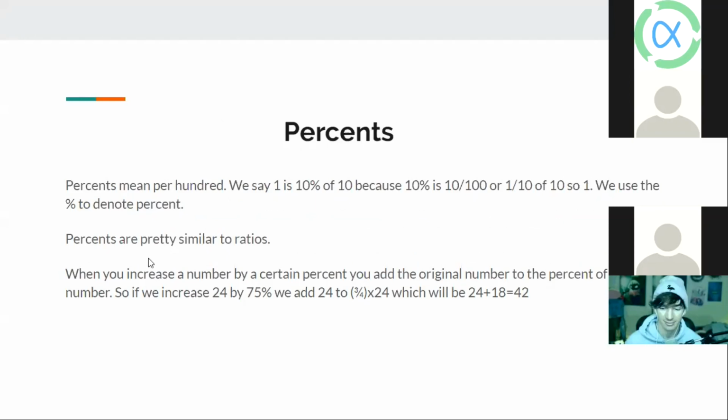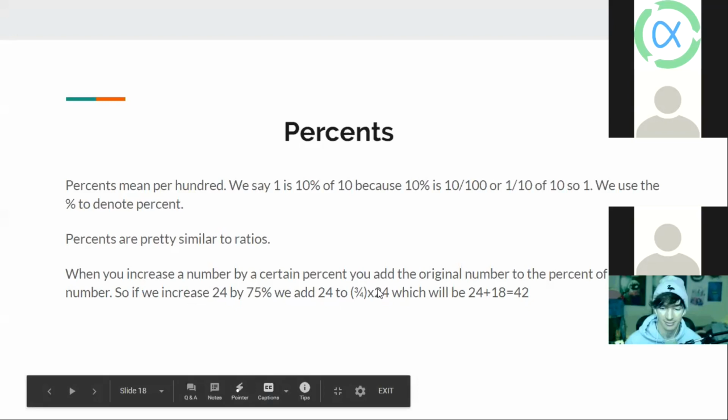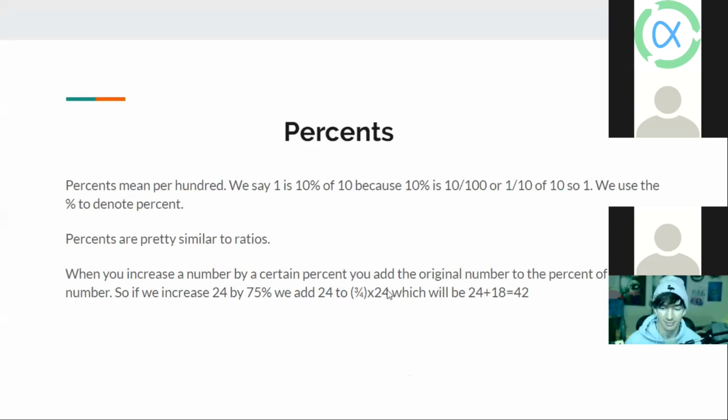So when you increase a number by a certain percent, you add the original number to the percent of the number. So if you're asked to increase 24 by 75%, then you do 24 plus 3/4 of 24, because 75% is 75 over 100, or 3/4. So it's just going to become 24 plus 18, or 42.